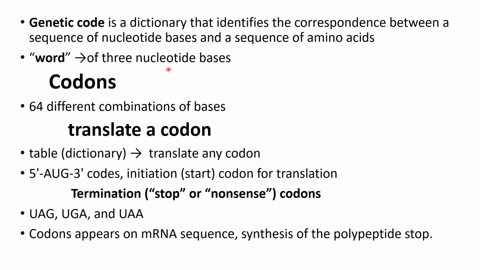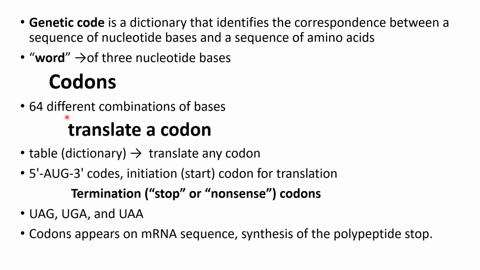Genetic code is basically the dictionary which translates the nitrogenous bases into an amino acid sequence in a growing polypeptide chain. The word present in the genetic code relates the nucleotide bases. So nucleotide bases form a word in the genetic code. Codons are the sequence of three nucleotides that are present in the messenger RNA, and there are 64 codons.